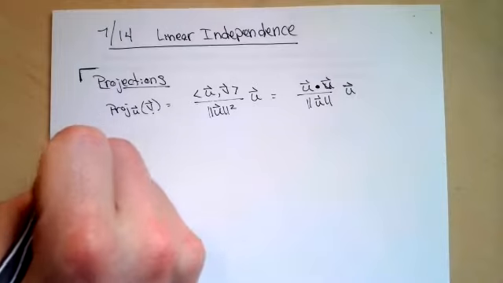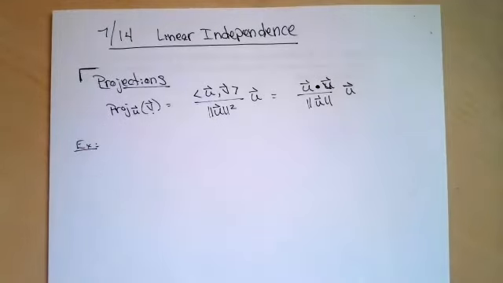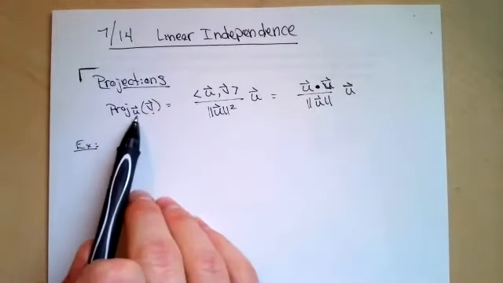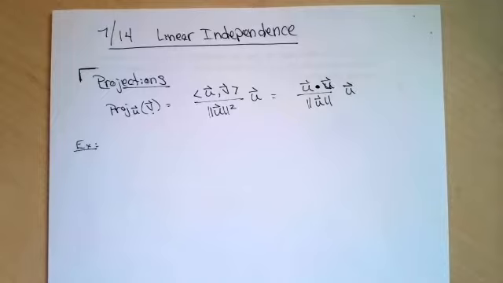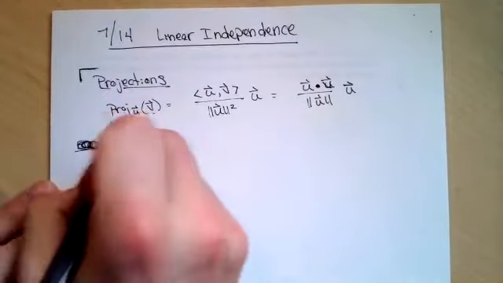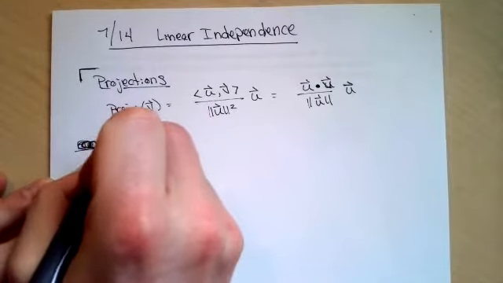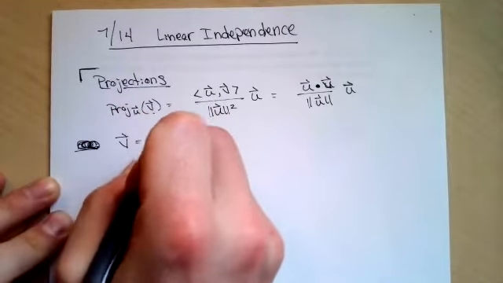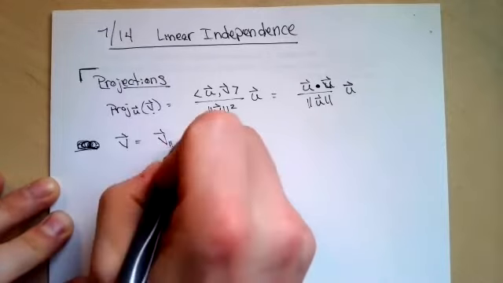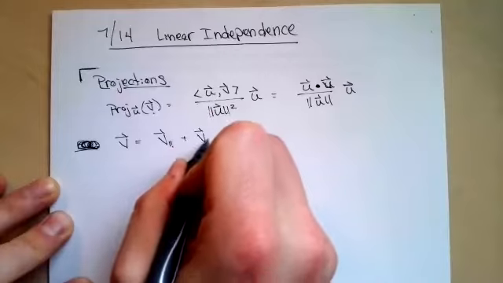And primarily, projections and dot products have a big use in this geometric concept of orthogonality. So we saw yesterday, of course, this is the projection of V in the direction of U. And if we wanted to find a perpendicular vector, let's actually write down that formula as well. So we notice that any vector V we can write down as a parallel component in the direction of U plus a perpendicular component.